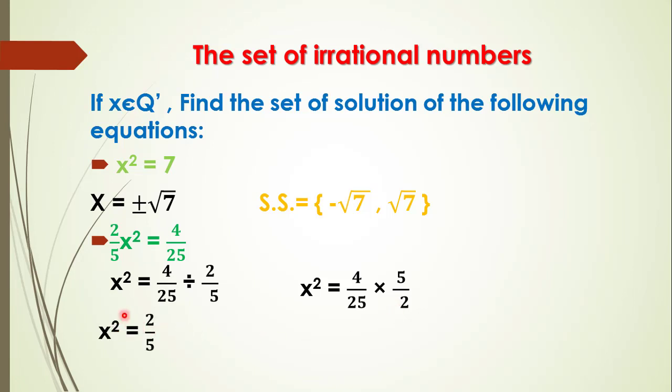Now I have a square power, so take the square root. The result will be positive or negative root 2 over 5. So the set of solutions will be negative root 2 over 5 and positive root 2 over 5. We want the solution in Q dash. The two sets of solutions here are subsets of Q dash.